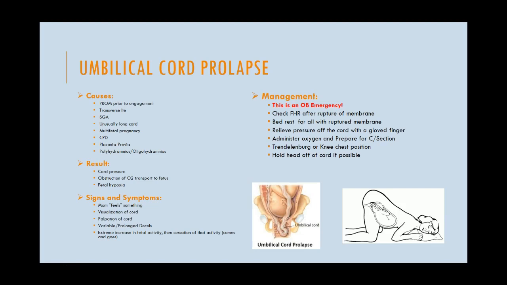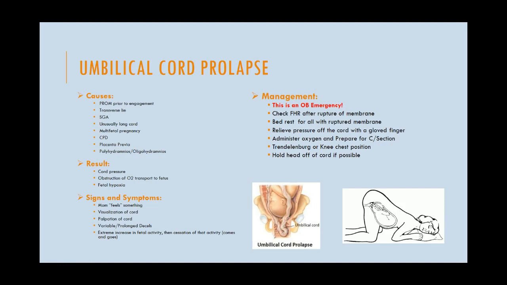Ladies with placenta previas. You can imagine if we have a mom who's got a marginal placenta previa or a partial placenta previa, the risk for that umbilical cord to slip through into the pelvis and out into the vagina is much greater than if her placenta is located appropriately up towards the top of the uterus.